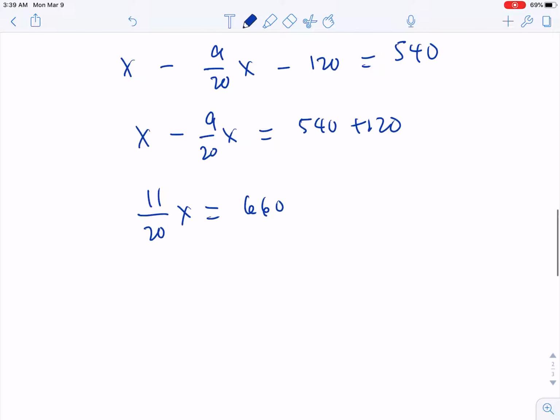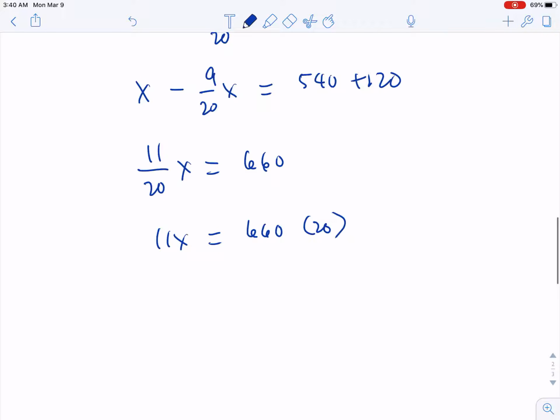Okay? And 11x is 660 times 20. Diba? Wag muna natin i-multiply para hindi lalaki yung number. So, x equals 660 times 20 divided by 11.